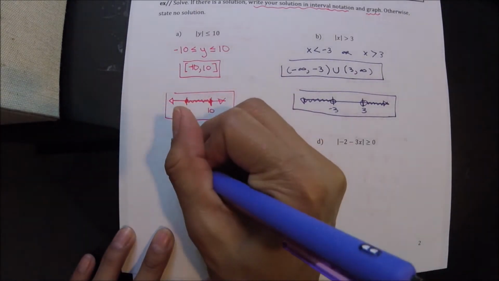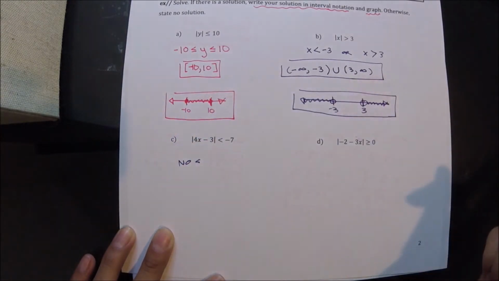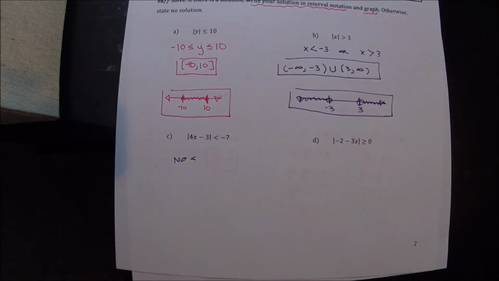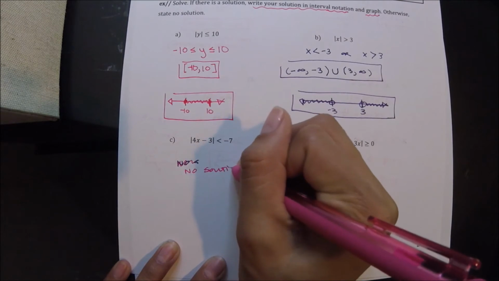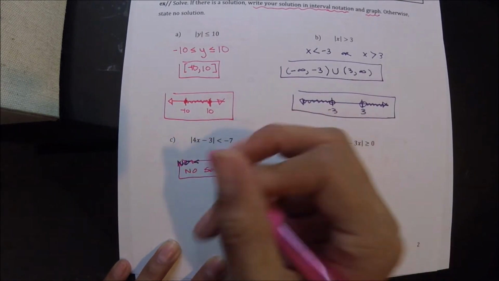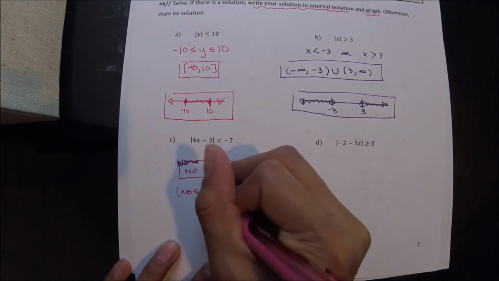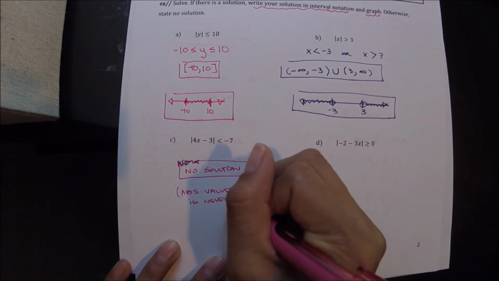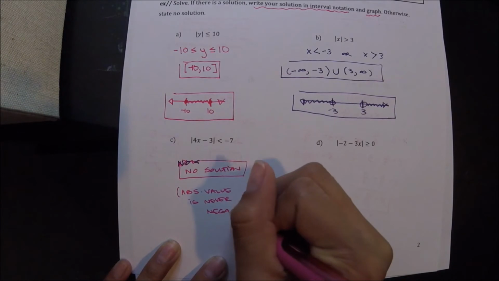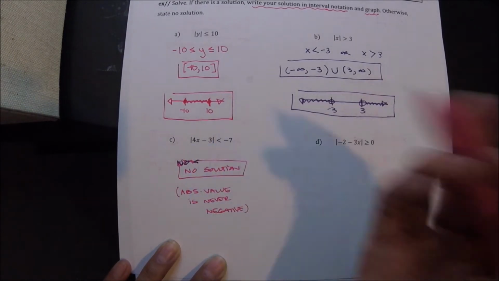So we're going to write no solution. And that's because the absolute value is never negative, so there's no way that it's going to come out to be smaller than negative 7.